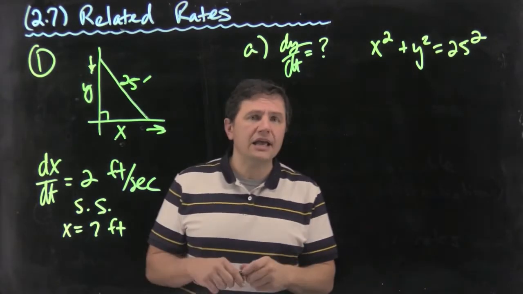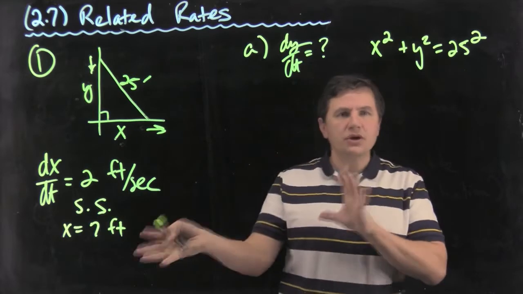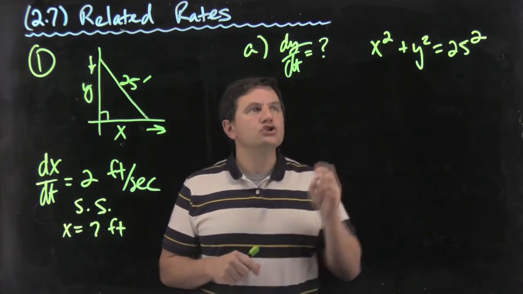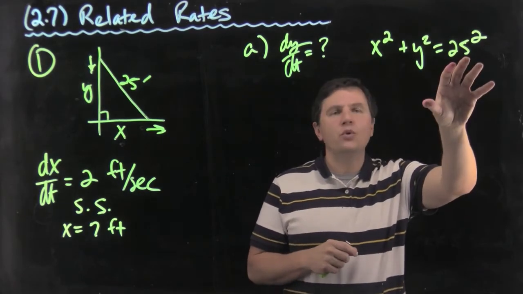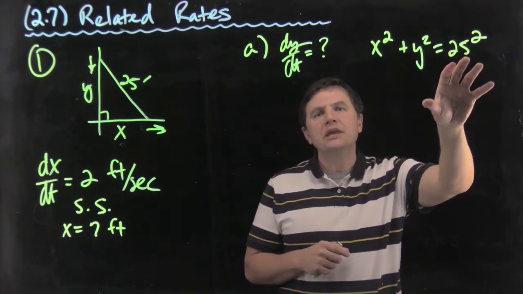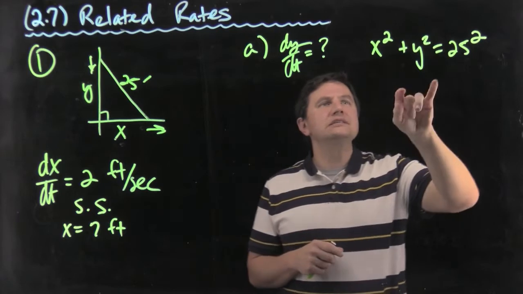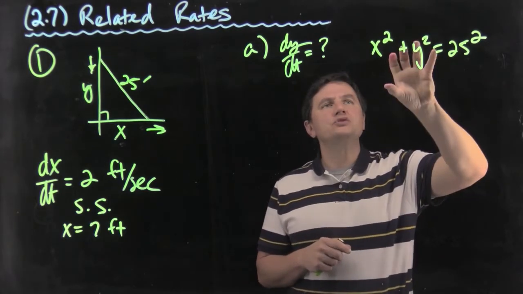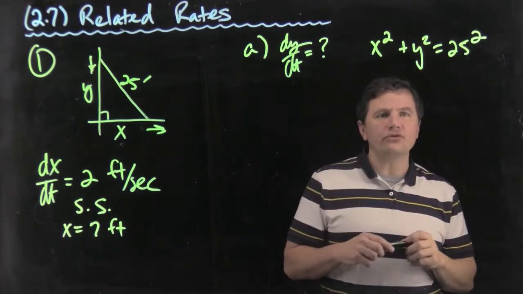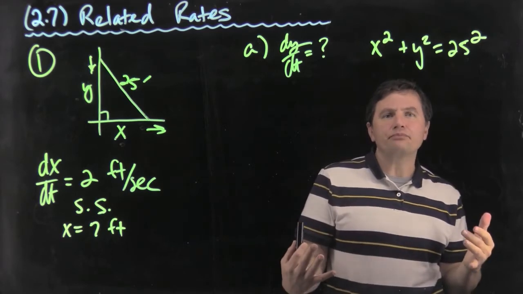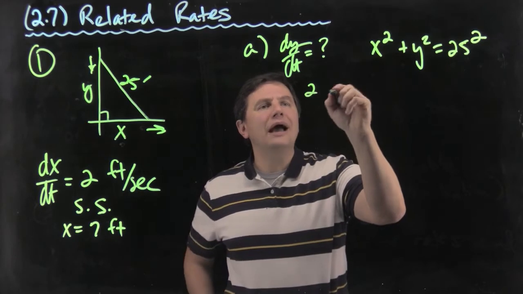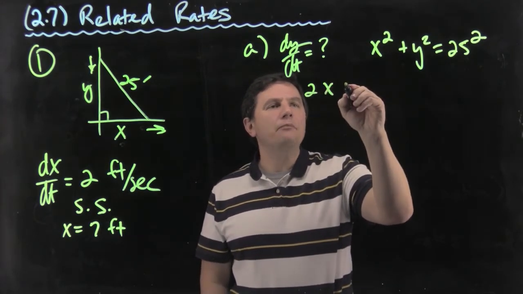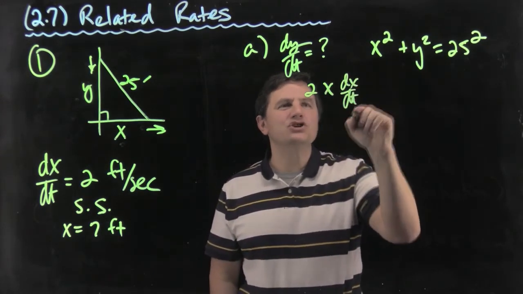For these problems today, as I talked about, we're just going to be using one equation for each. So step 3, this is where I do the calculus. I'm going to take the derivative of this equation implicitly. The difference here is that t is the independent variable, which means for all of these variables I have to take the derivative using the chain rule. So this looks like this: 2x, and then dx over dt. Don't just use y prime.